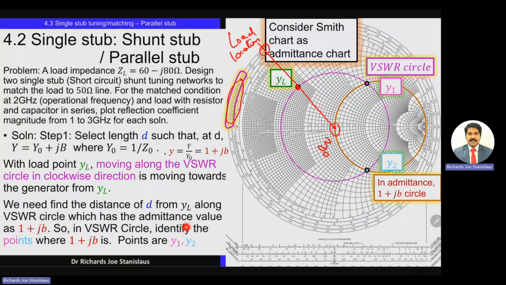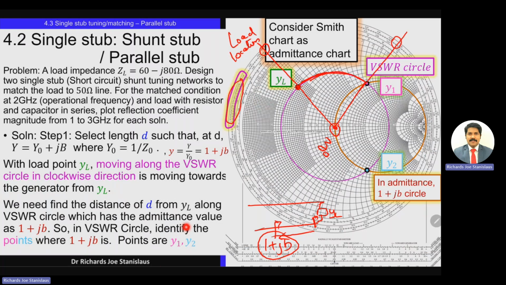Now, as you move along the VSWR circle, or along the transmission line from the load location, you will reach the point Y1 where the input admittance is 1 plus JB. So connect the center point and Y1 and extend outwards. Whatever value that is will be the reference location corresponding to Y1.